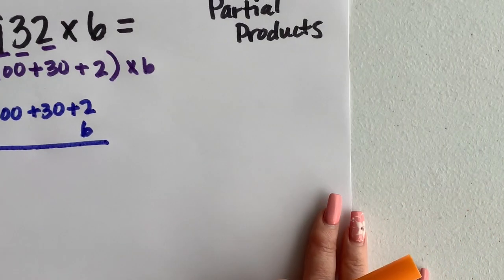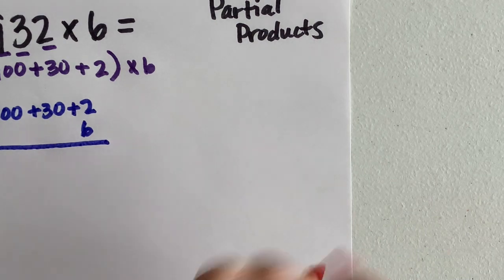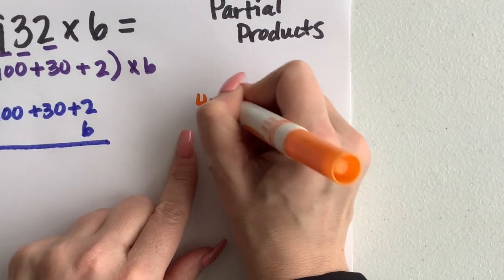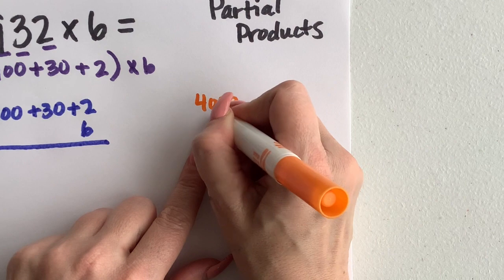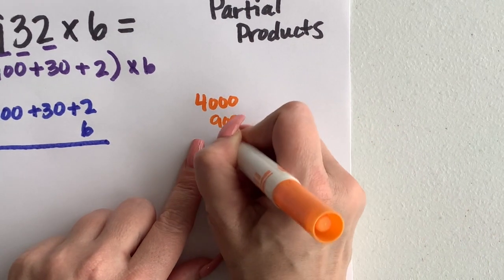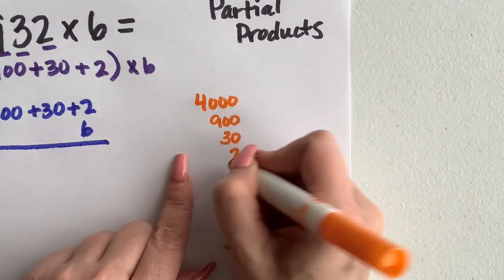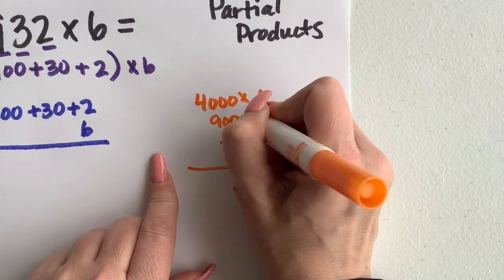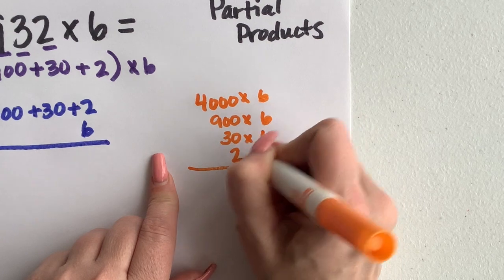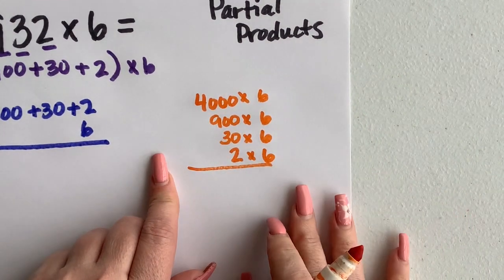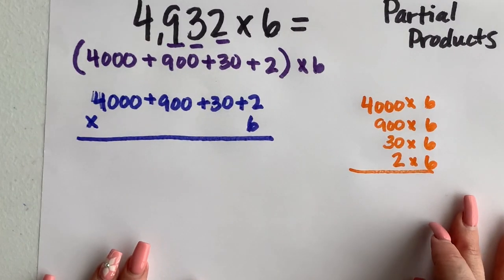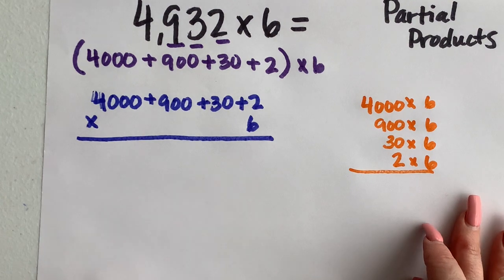I can also set up my partial product as 4,930 and 2 and multiply each piece by 6. Either one of these is correct.